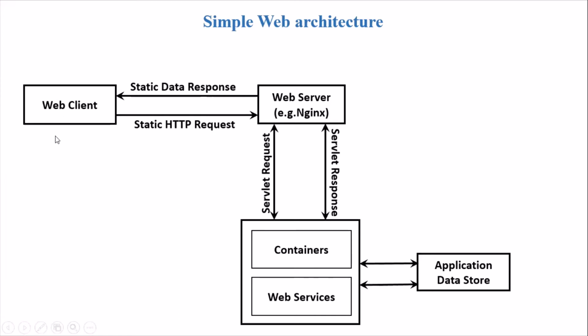So for instance, in the web client, if you type in a domain name, www.cnn.com, that is an HTTP request. All the requests that come from the browser are all HTTP requests. Well, not all the requests. By default, they are all HTTP or HTTPS requests, unless you specify FTP and other kinds of requests. So the browser is capable of sending all types of requests. By default it is an HTTP or HTTPS request.